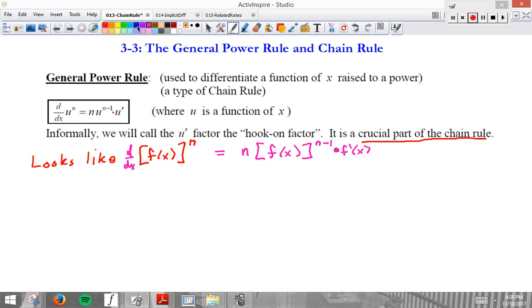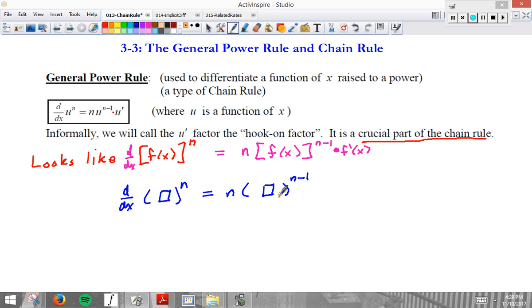Another way that some people like, it'll look like the derivative, some people don't like f of x in there, some box. So we're going to take the derivative the normal way. We bring down n, minus 1. The package is still the same.